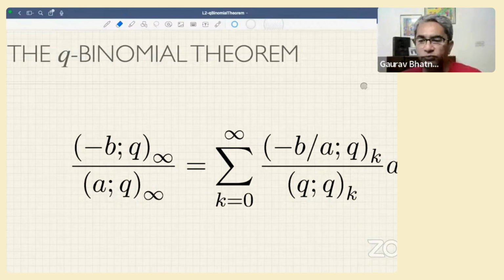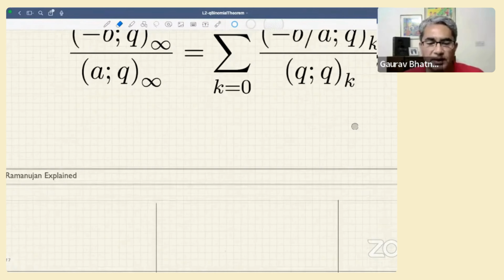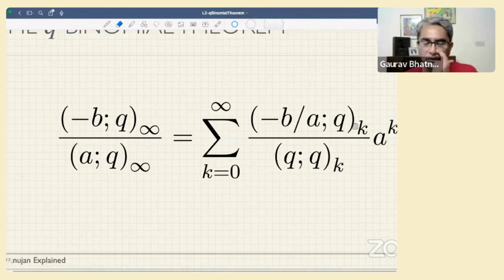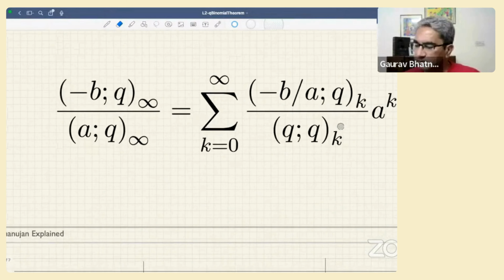In fact, the proof is also due to Ramanujan. It's one of those proofs which came in one of his papers, which I suppose could also be said to be joint work with Hardy, because Hardy used to help Ramanujan with his papers.